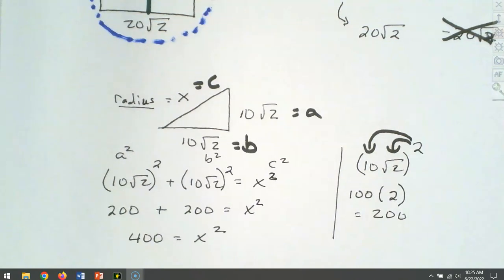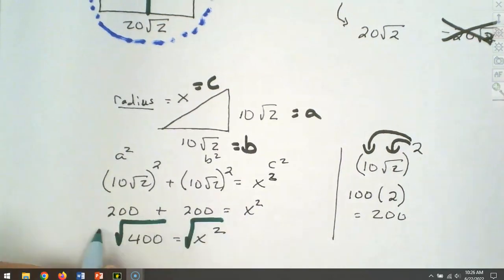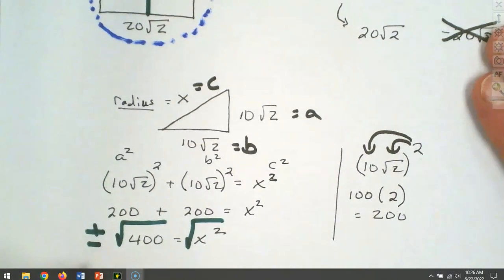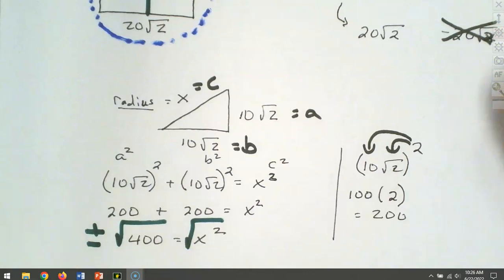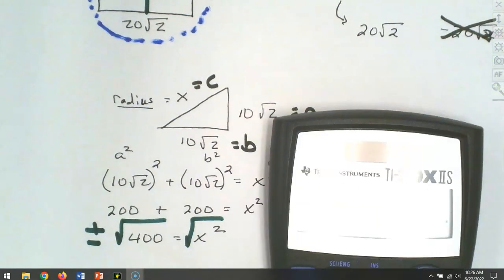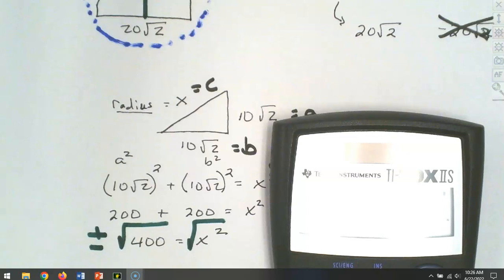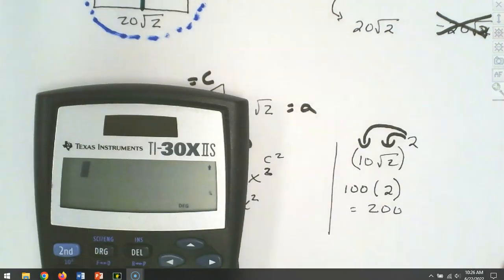Well, we've got the x squared by itself, right? So how do we get rid of a square? Okay, and whenever we take a square root, what do we have to add in? Plus or minus. And we're in luck because what's the square root of 400? Using your calculator, you need to. What's the square root of 400? It should be 20. Right?